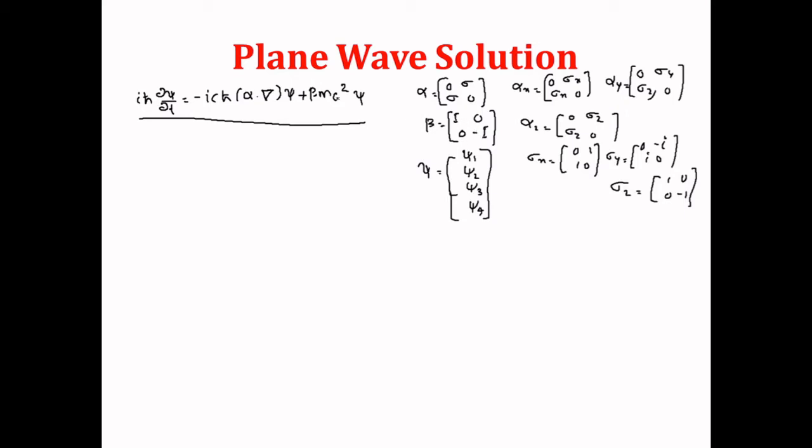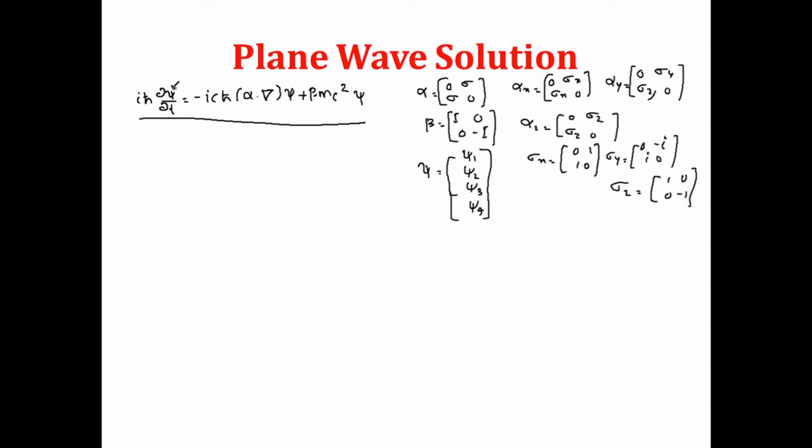And also here the psi is a column vector, and it can be represented as the column vector psi 1, psi 2, psi 3 and psi 4. So in this equation, psi is a column matrix having 4 rows and 1 column, and alpha is a 4 by 4 matrix, and beta is a 4 by 4 matrix.